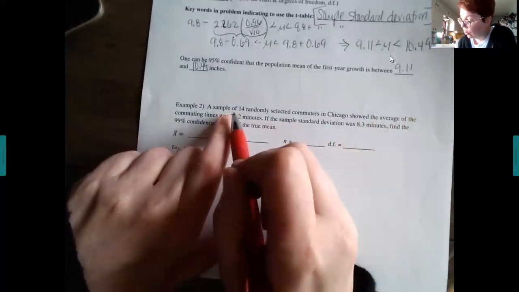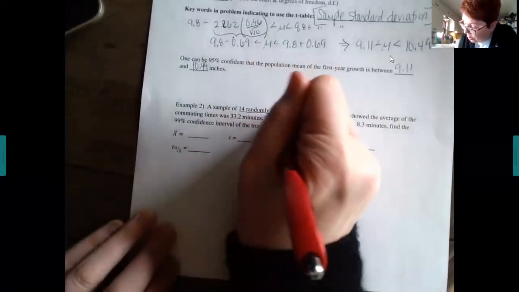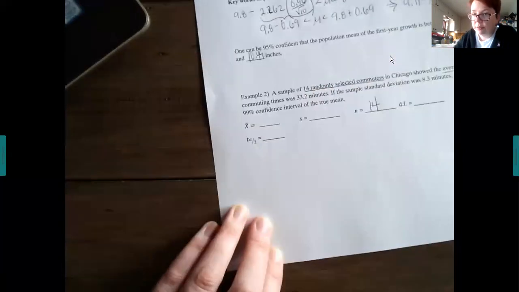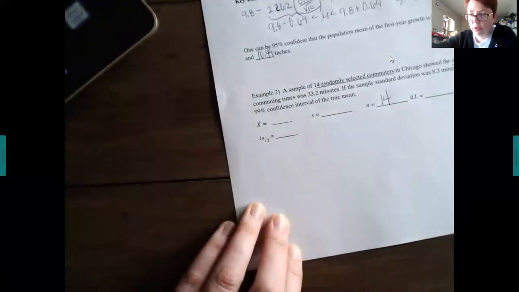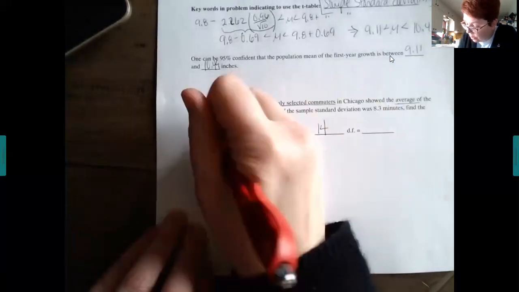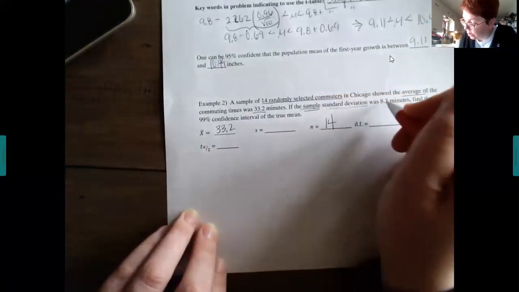So it says a sample of 14 randomly selected commuters, so n is 14, the average commuting time was 33.2, and the sample standard deviation was 8.3.